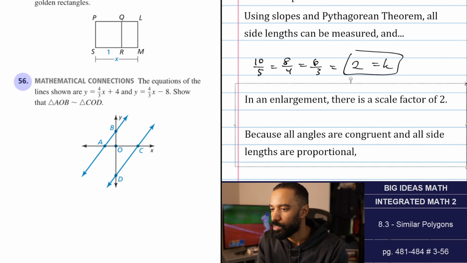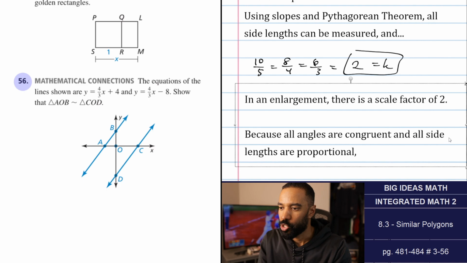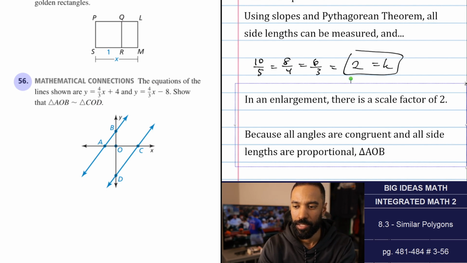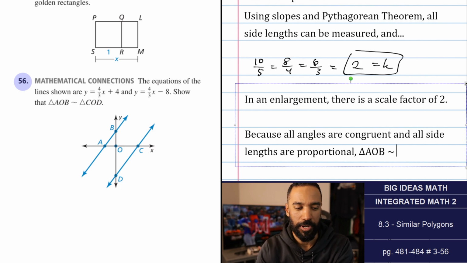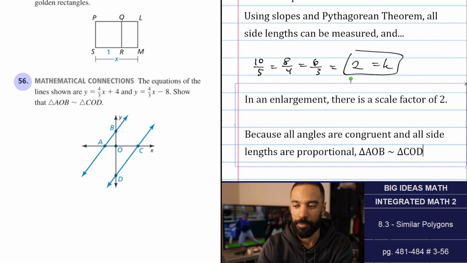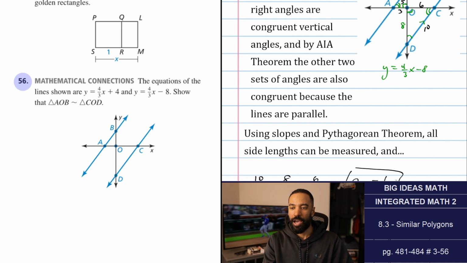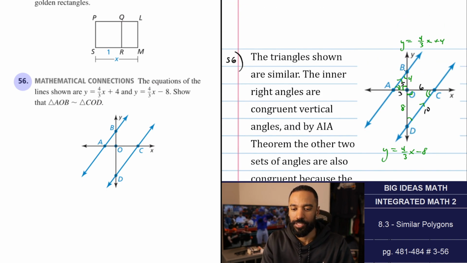Give me 1 second. I'm done after this. Triangle AOB is similar, with the parts that correspond, to triangle COD. Okay, and that'll be it. So that's where I went with that one, and I think that one is sufficient.